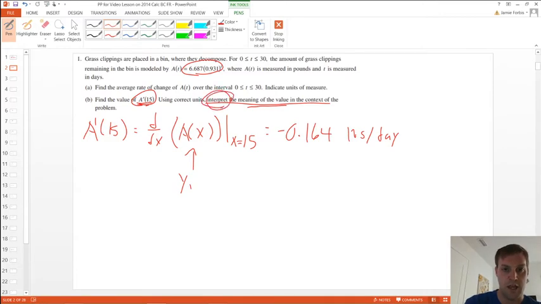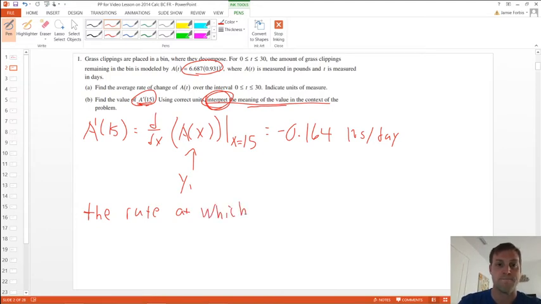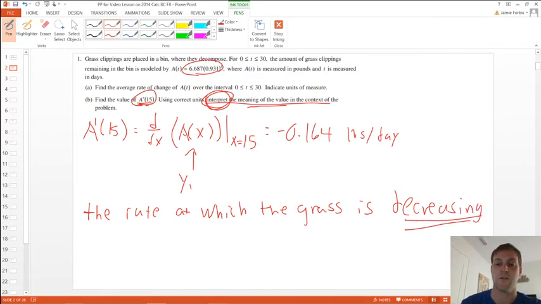But if I interpret that, my interpretation, I want to have at least the word rate somewhere in there. So I'd probably say something along the lines of: the rate at which the grass is, and I would even say decreasing, because it is negative, it is exponential decay.